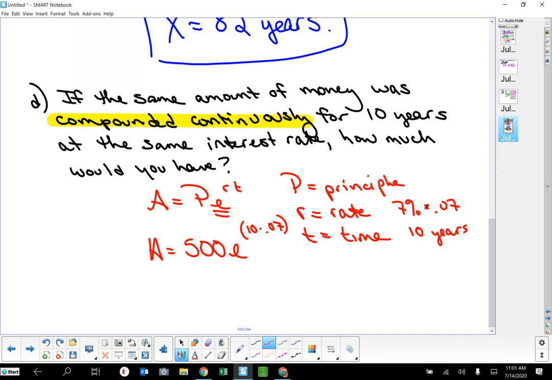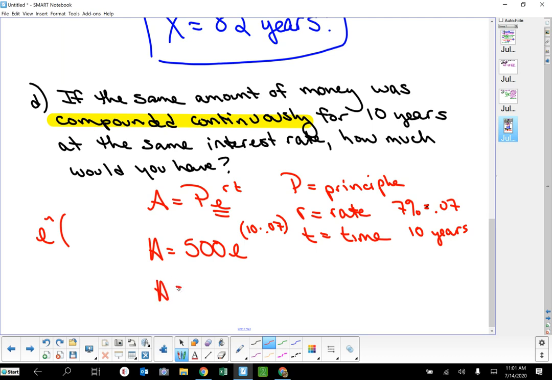So we're going to go 500 parenthesis, 500. e is second ln. Make sure whatever you're putting in that exponent, you close the parentheses. So I'm going to go 10 times 0.07, close the paren, and hit equals.